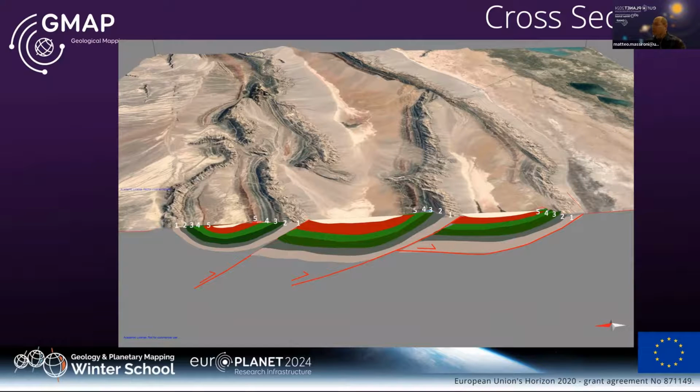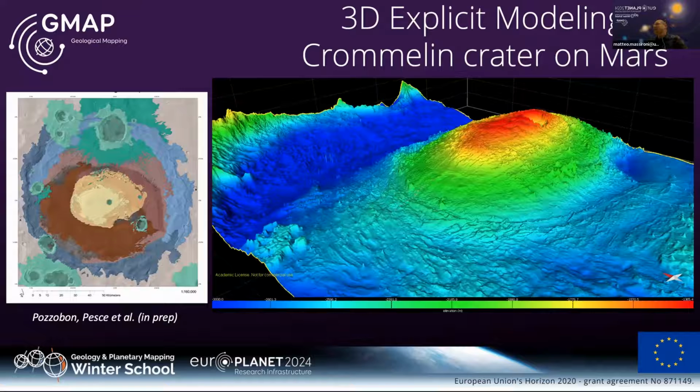So if we go again to a planetary geological perspective, here is a case in Crommelin crater, which is a kind of unusual crater with a big bulge here inside the crater rim, and this bulge is much bigger than any kind of central peak.